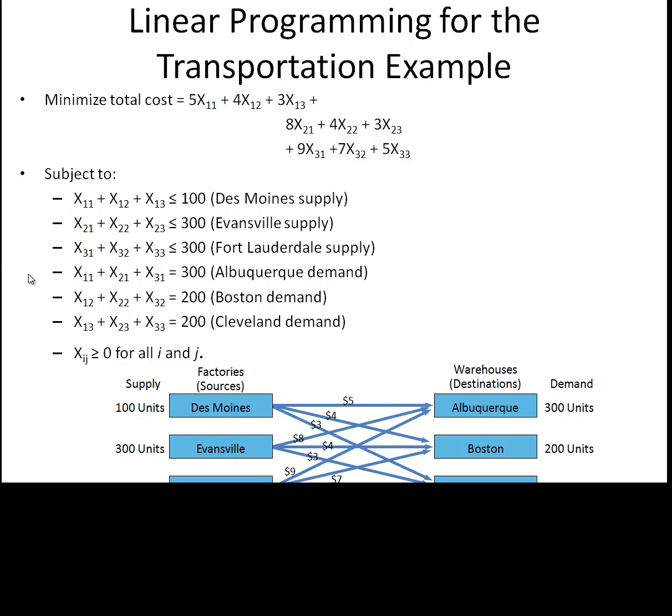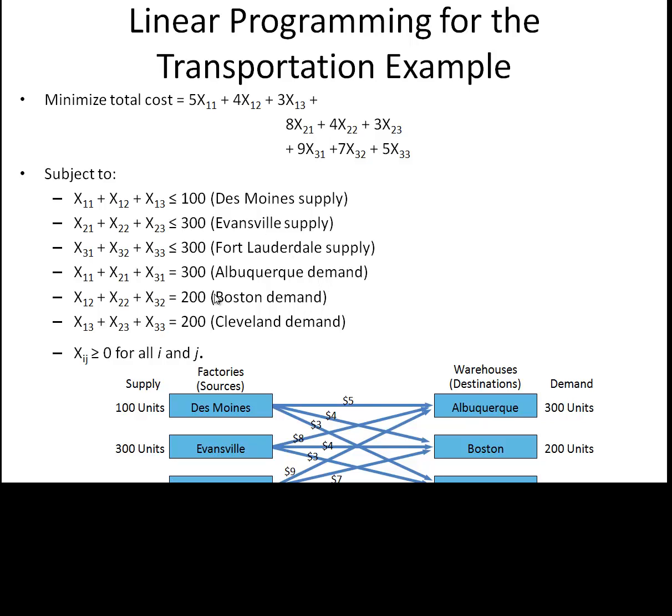Our demand function for Albuquerque, Boston, and Cleveland. So whatever we ship from Des Moines to Albuquerque, Boston, and Cleveland, the most we can ship is 100.